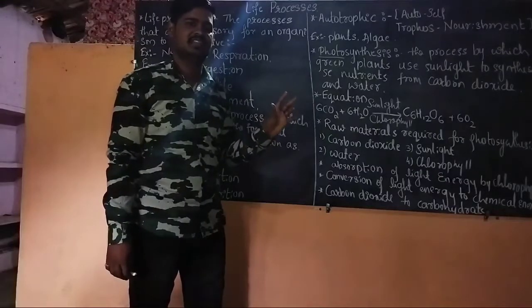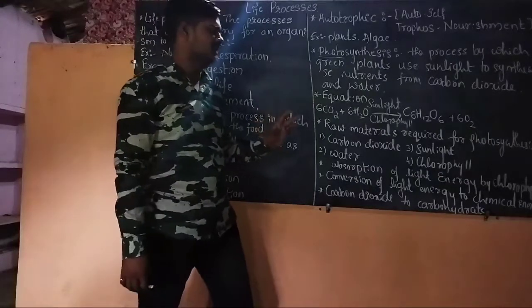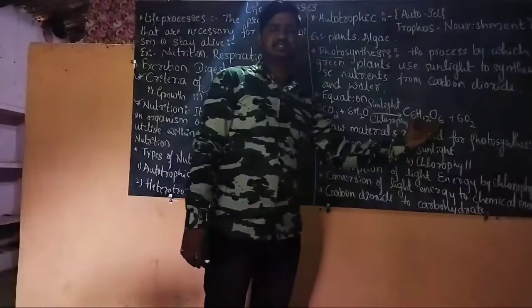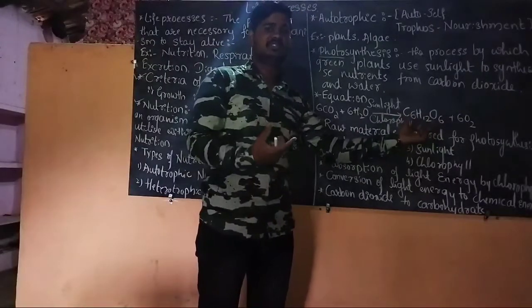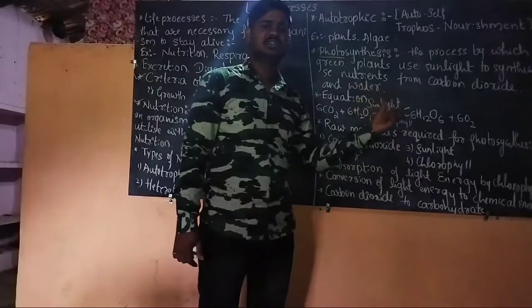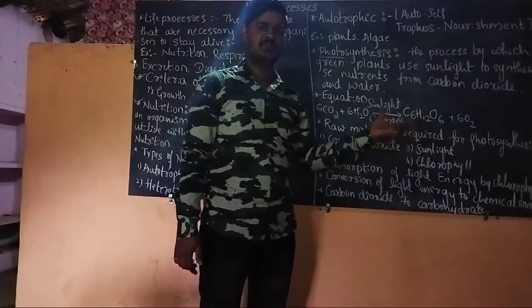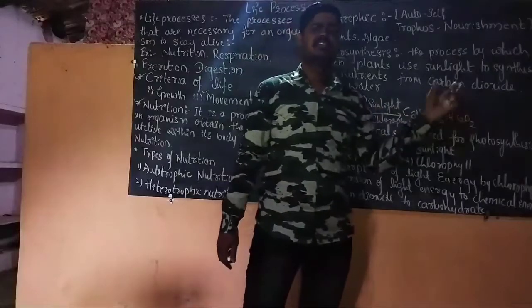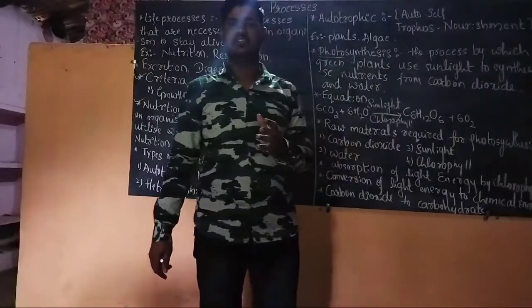The food is prepared in that particular part of the plant, and glucose is produced as a result of photosynthesis. C6H12O6 is the chemical formula for glucose. Along with that, oxygen is released into the environment.